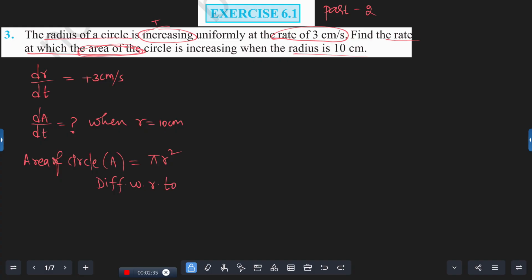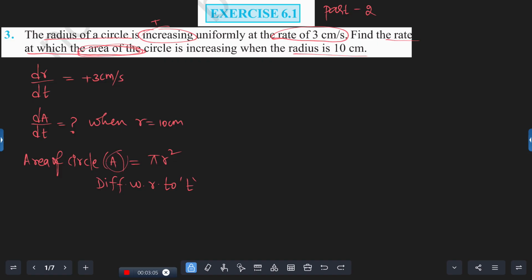In terms of the variable which is in the question. With respect to t, because in the question they give per second. After seeing per second, you should differentiate with respect to the same second. Second means time, time t we have to use. So with respect to t I am mentioning here.